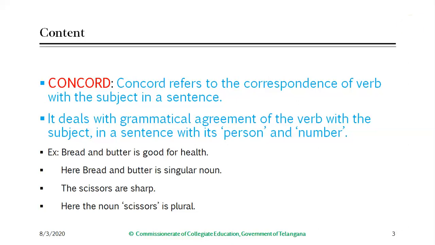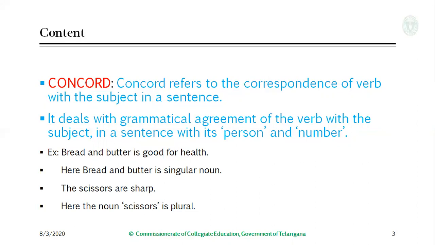In the same way, the scissors are sharp. Here you might see the scissors as a singular thing, but it contains two blades for cutting something.